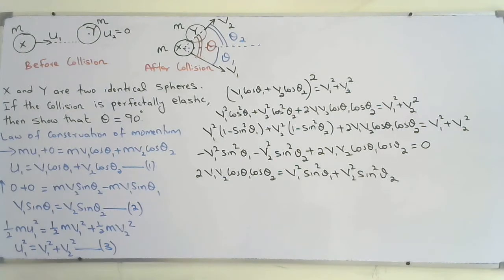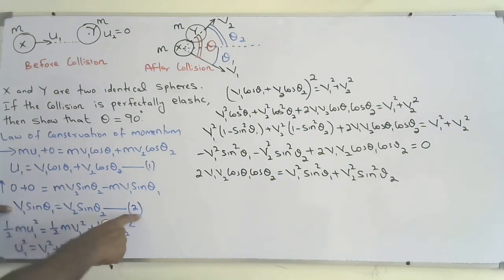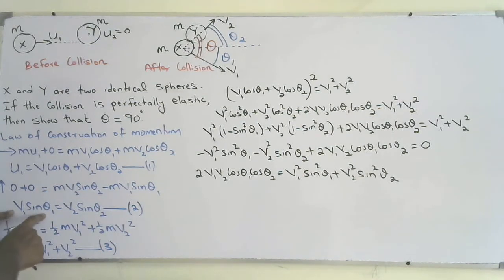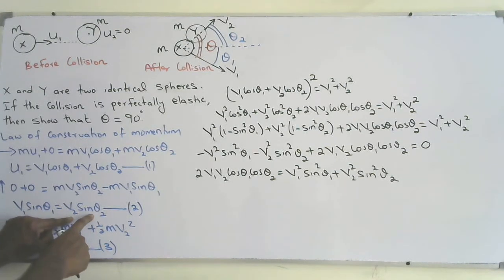Okay, so you can see equation 2 now. In this equation 2, it says that V1 sine theta 1 equal V2 sine theta 2.